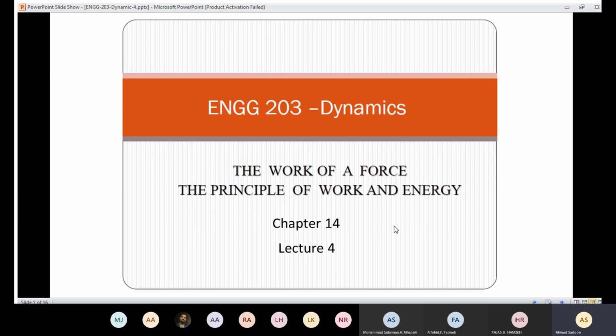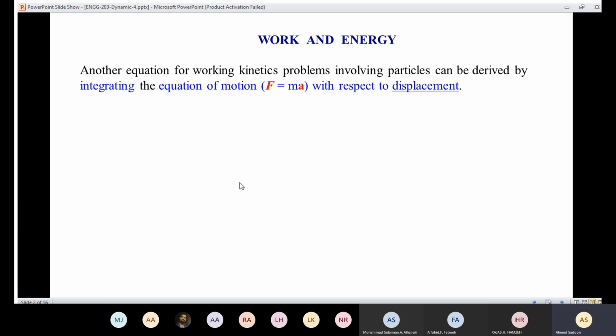So we learned in the previous chapter the equation of motion, and also we discussed how to apply the equation of motion. First we need to come up with the free body diagram, and then we are going to use the scalar components if you are working with a 2D problem.